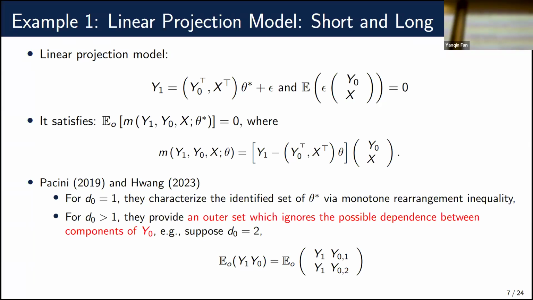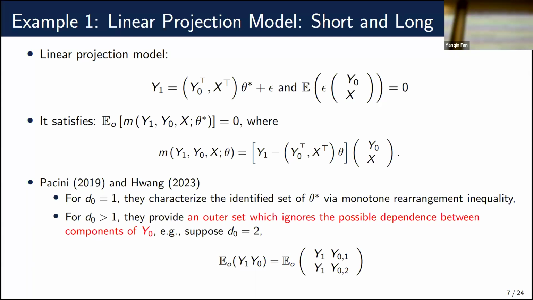If you look at it, this term is fine because it only depends on y0 and x, so that's identified. But then we take expectation. There's expectation of y1 and y0. Expectation of y1 and x doesn't matter because that's identified. So we need to handle expectation of y1, y0.